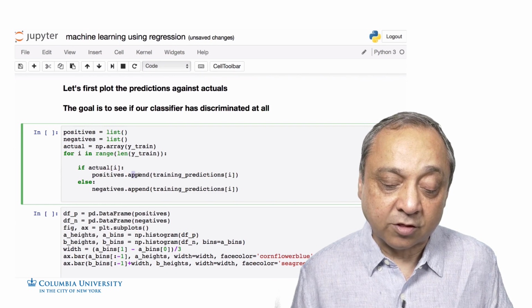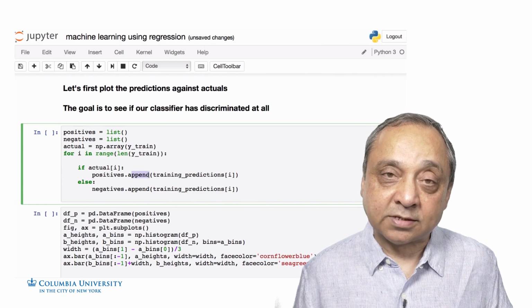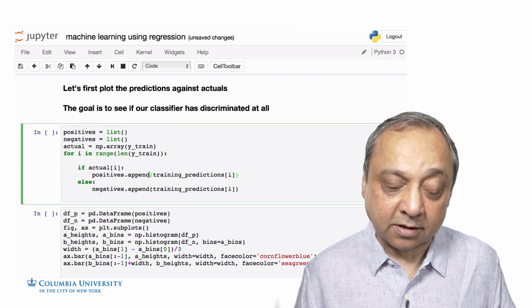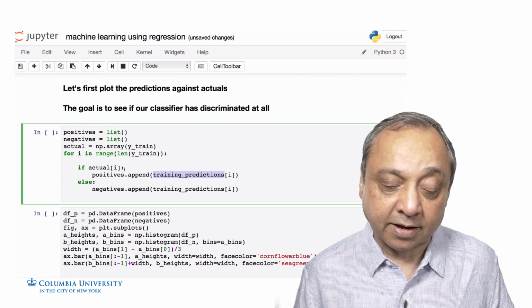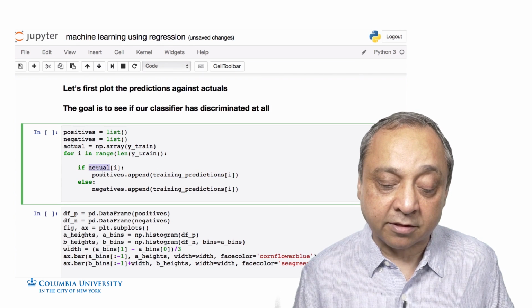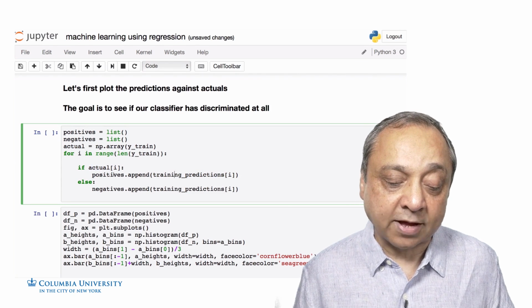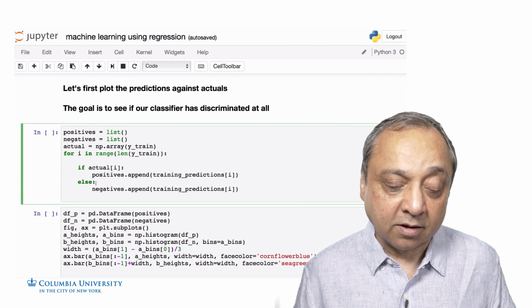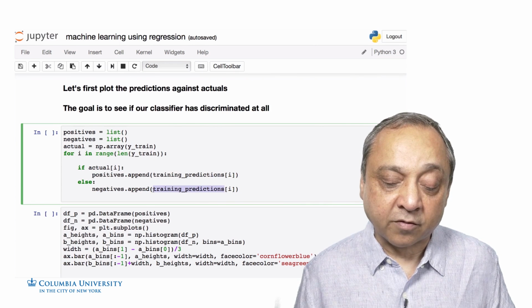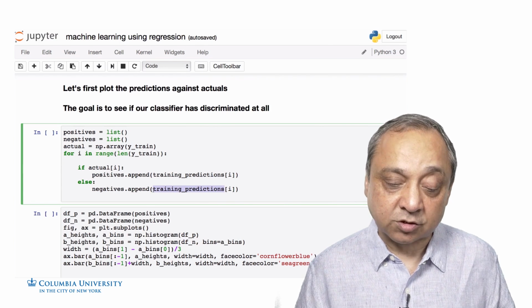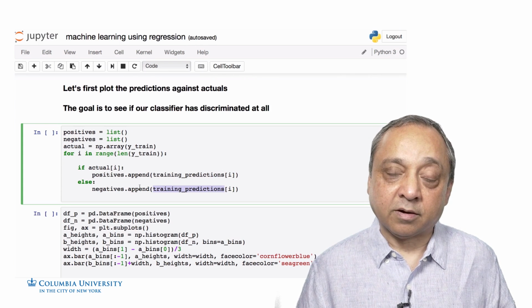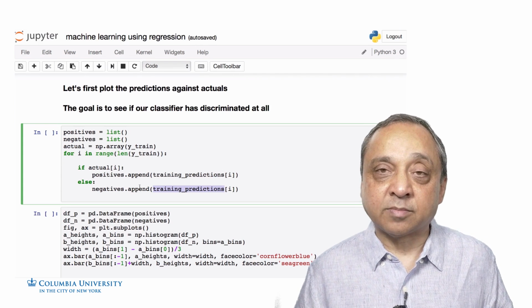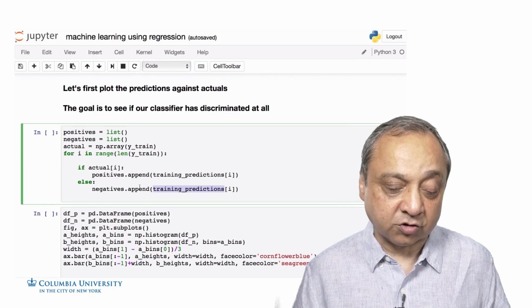If the prediction was also a mine, then we store that in an array called positives. And if the prediction was not a mine, then we store that in the negatives. So what we want to find out is whether things that are actually mines were recognized as mines and things that are actually rocks were identified as rocks or not.